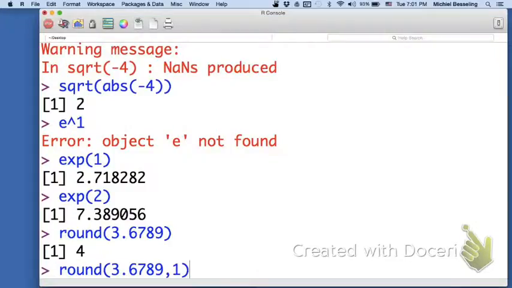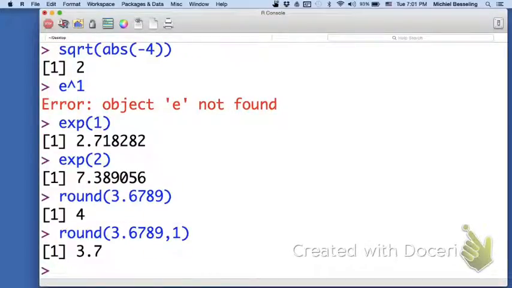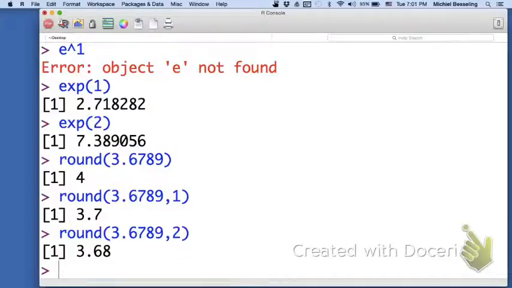As I was mentioning, commas have a specific place, and we call this an argument. This rounding function takes the first number, that's the value, and then the comma 1 tells it what decimal place to round to. So for instance, if I wanted to round to the second decimal place, I can do a comma 2.